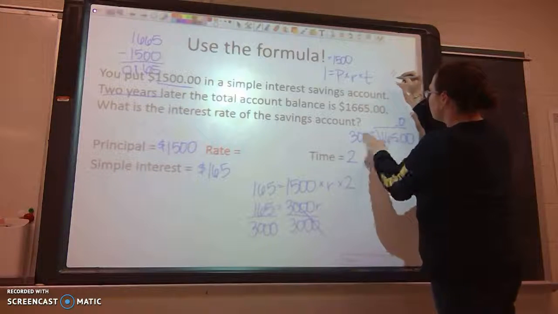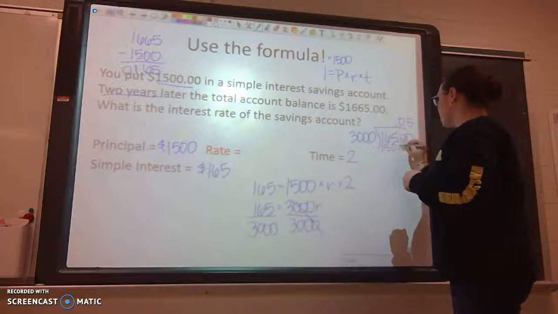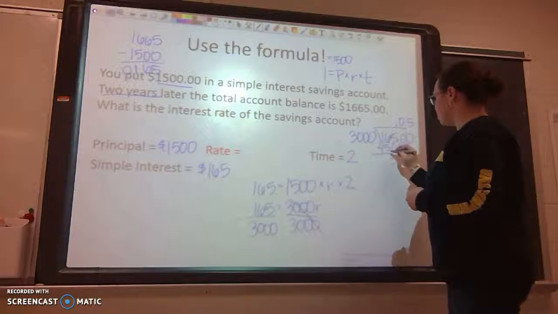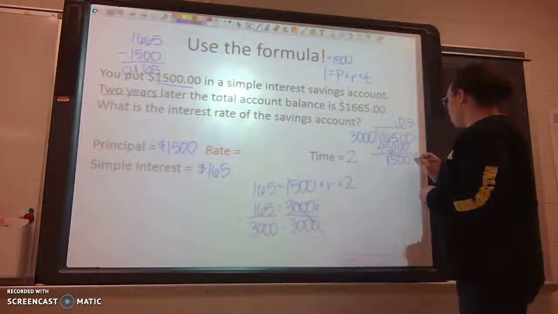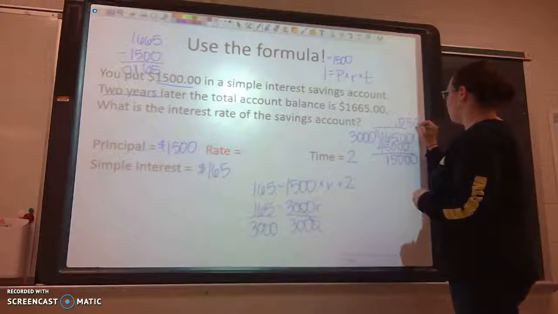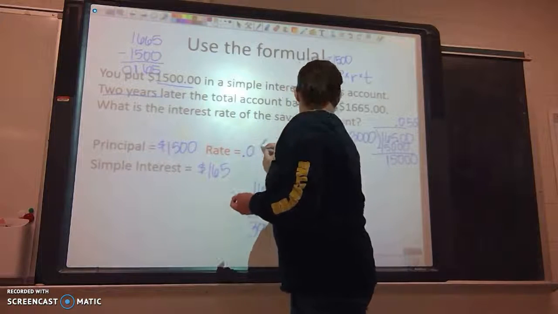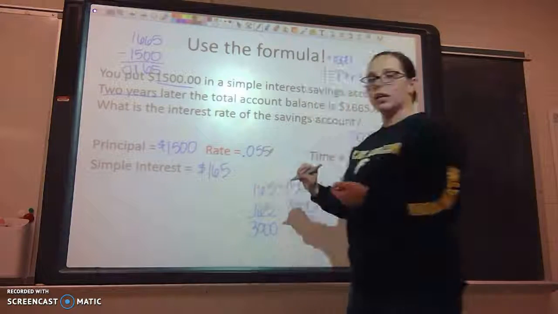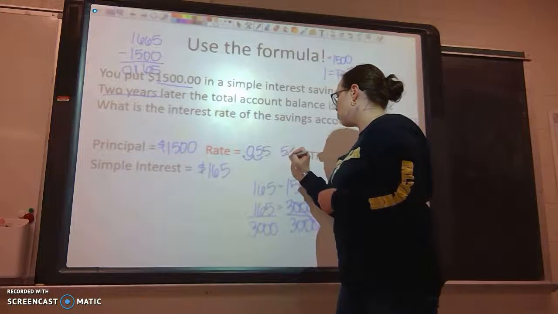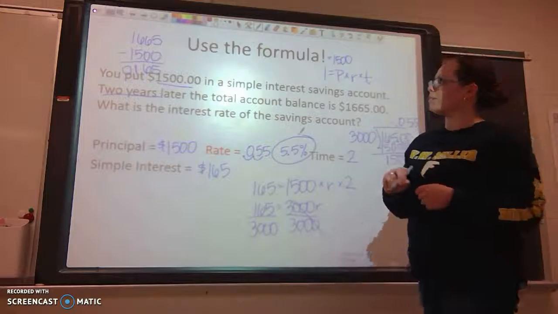So I'm going to do 3,000 times 5 is 15,000. 5 minus 0 is 5, 6 minus 5 is 1. Now bring down a 0, I have 15,000. So 5, 5. So we got a rate of 0.055. To turn that into a percent, we move our decimal to the right 2 places. So it's 5.5%. I'm sure you all got that right.